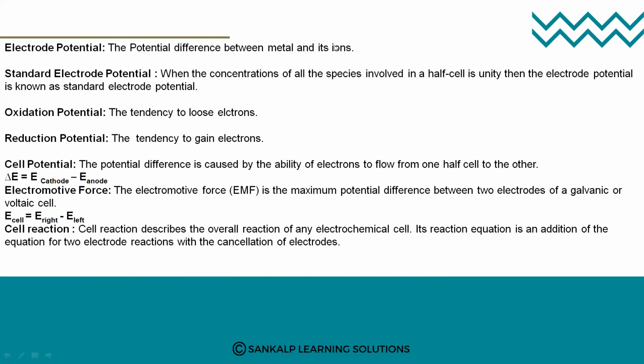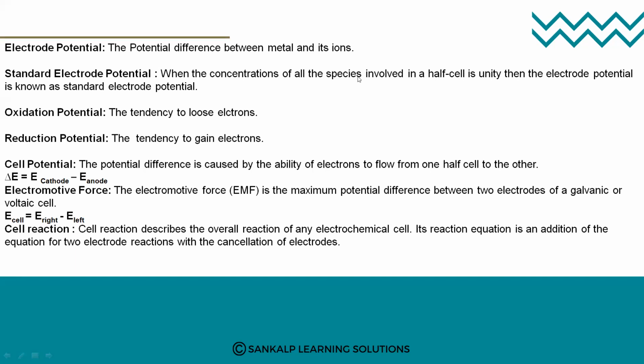So next is electrode potential. What do you mean by electrode potential? The potential difference between the metal and its ions. Now you know the electrode is nothing but the metal. The electrode is made up of metal and it is dissolved in the ions. So electrode potential is the potential difference between the metal electrode and its ions.